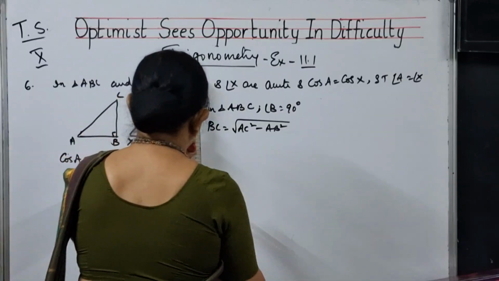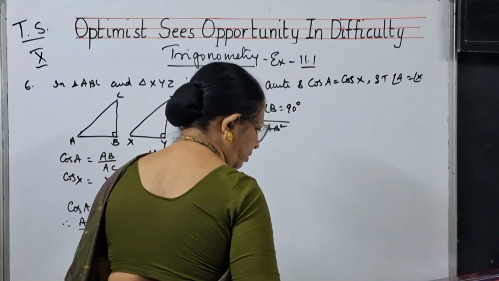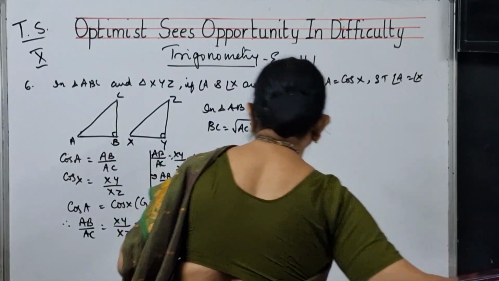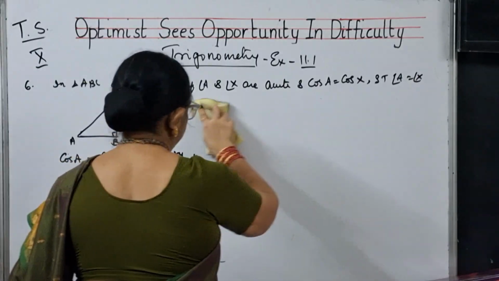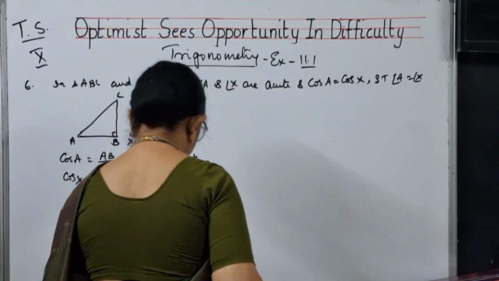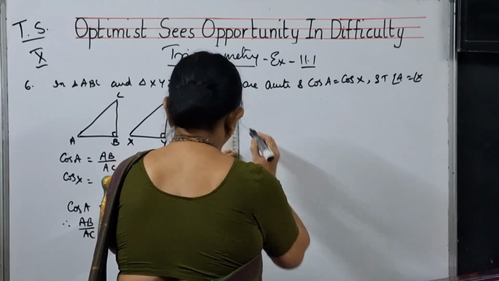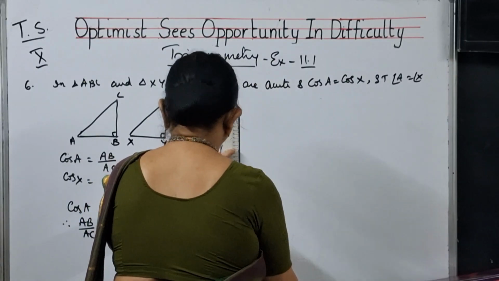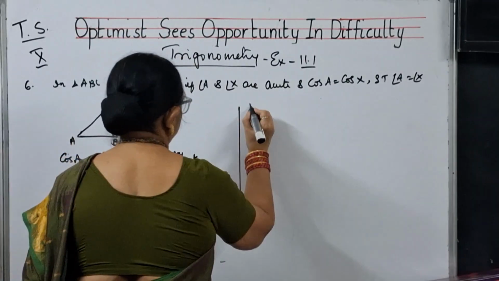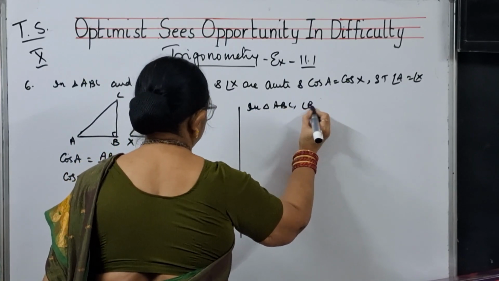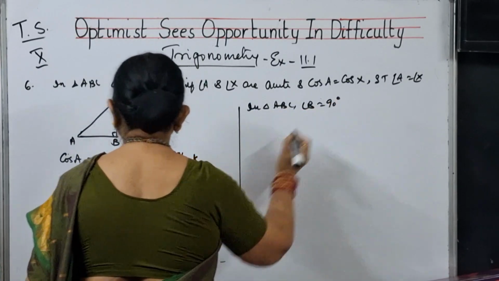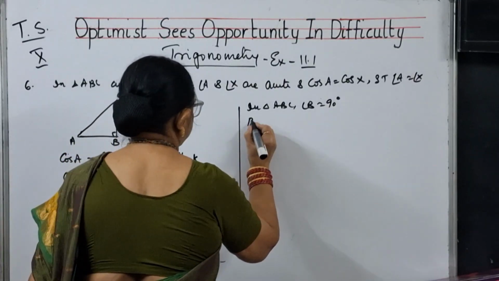So now we are doing the next part. I will be doing this a little bit away so that you will have a clear idea about it. The next part: in triangle ABC, angle B is equal to 90 degrees. So we want BC.